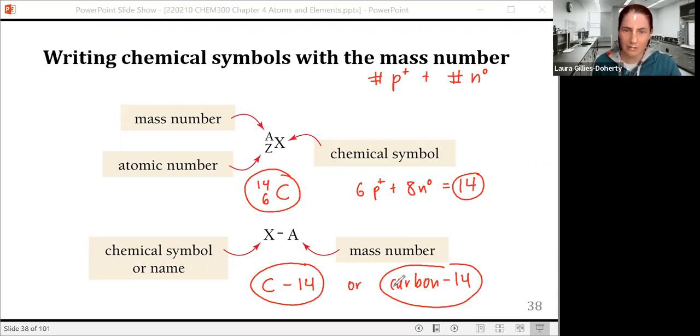In these lower two, even though it doesn't explicitly tell you the number of protons, it tells you that we're dealing with carbon. So it must have 6 protons. So we could figure out the number of neutrons. You take the mass number minus the atomic number, which would give us 8 neutrons, which we found right there also.